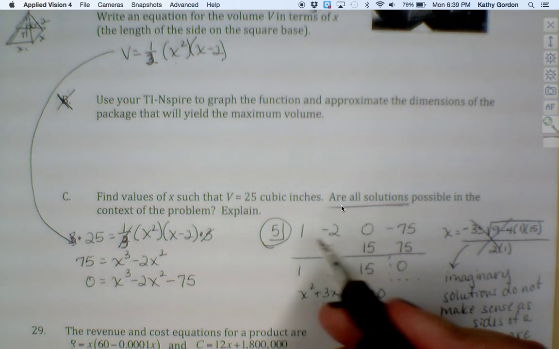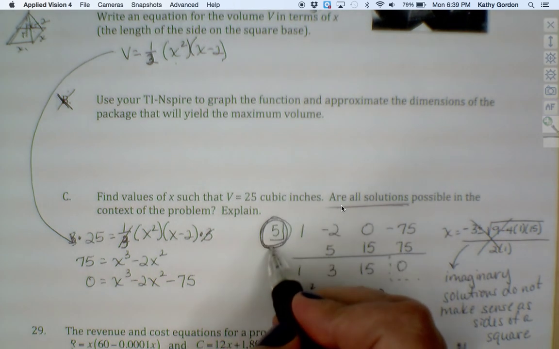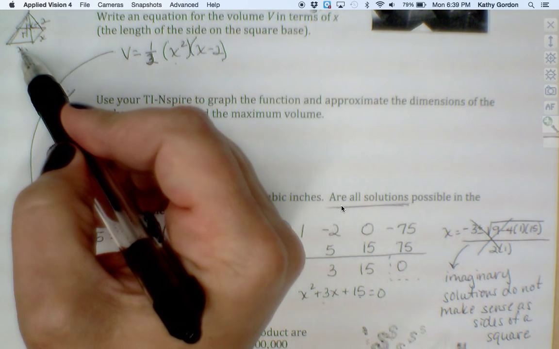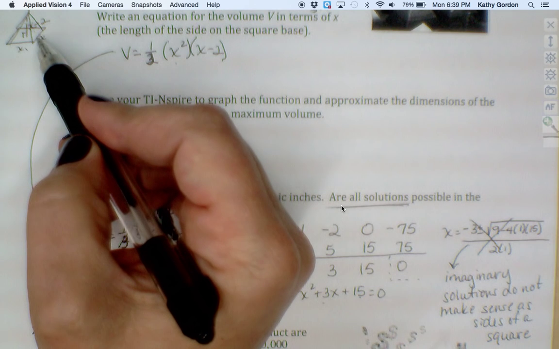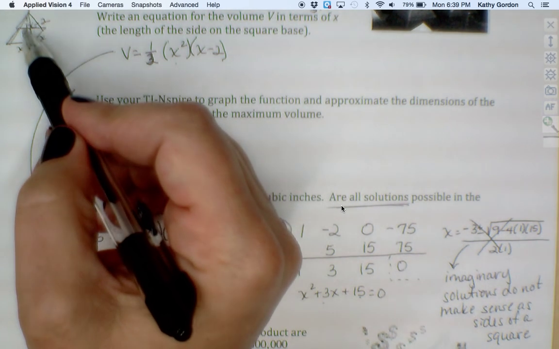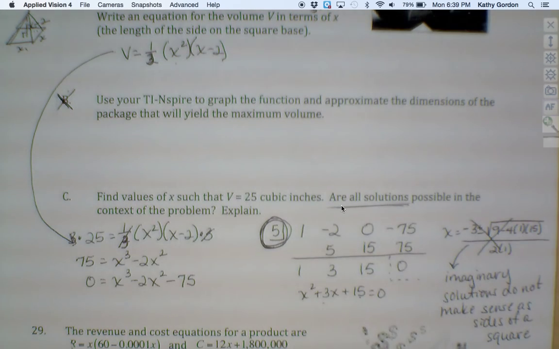Okay, so the only value that actually does make sense is that the sides of our square base would be 5, and that would give us a height then of 3.